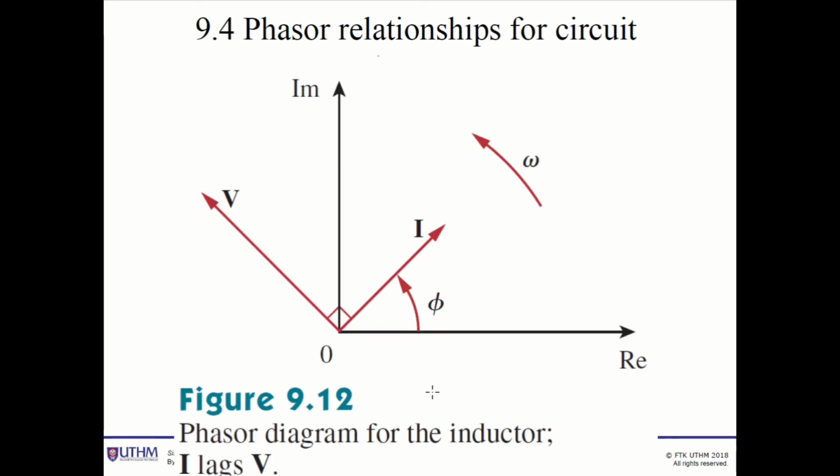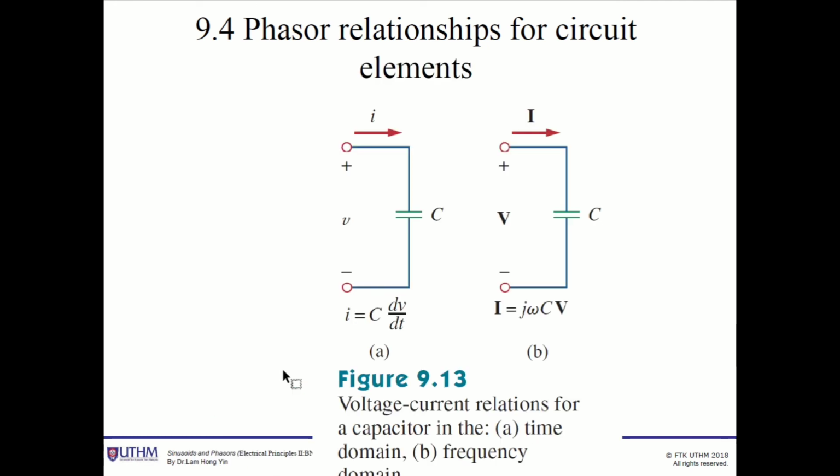From this phasor diagram, we know that the inductor has a phase difference. The voltage and current difference is 90 degrees, where the voltage is leading while the current is lagging behind. So we can say I lags V, the current lagging the voltage.